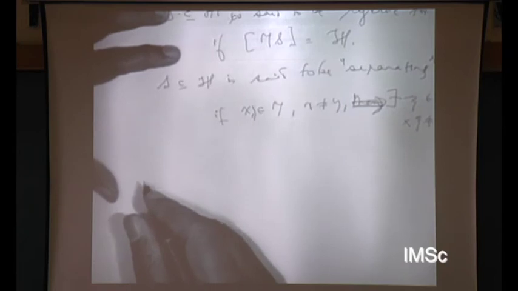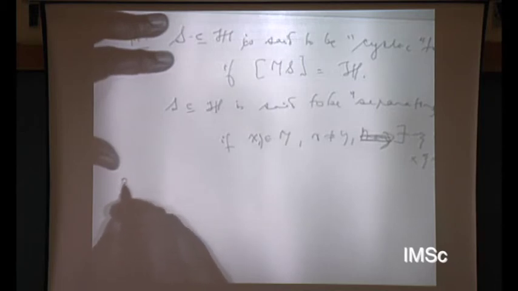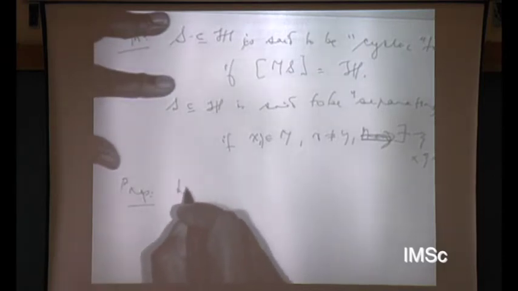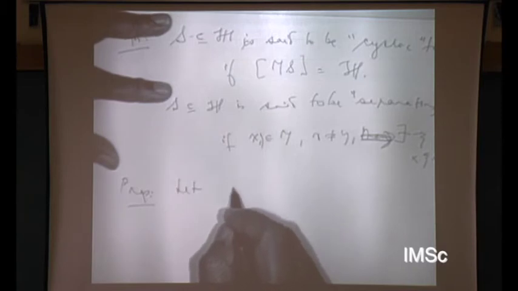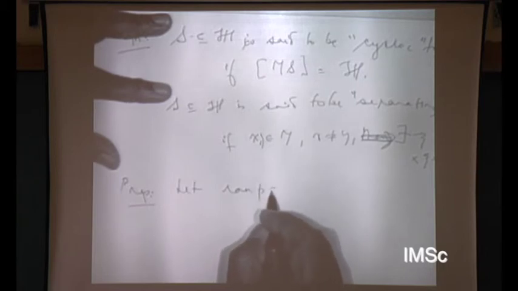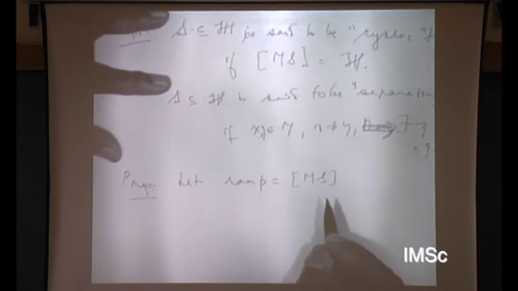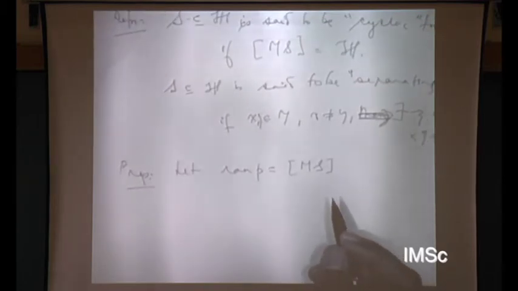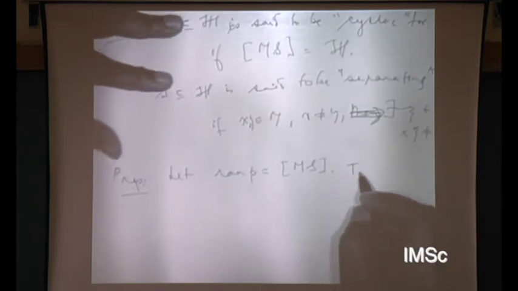So the thing to observe here, the trivial little proposition. Let P be the projection with range P equal to the closure of MS. Look at the projection onto that closed space. Then the following are equivalent.